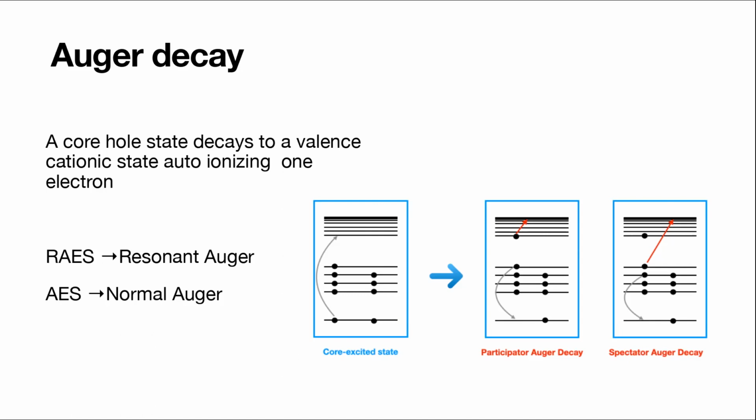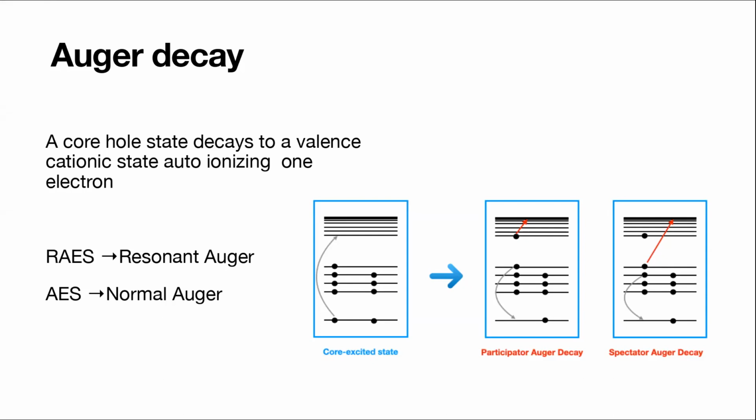And you have a decay of a valence electron, which will fill the hole in the core level. The other channel is the spectator Auger decay. As the name already says, it is a spectator. So the excited electron would be there as a spectator, and the other valence electron filling the hole and the ejected electron are on the valence shell.